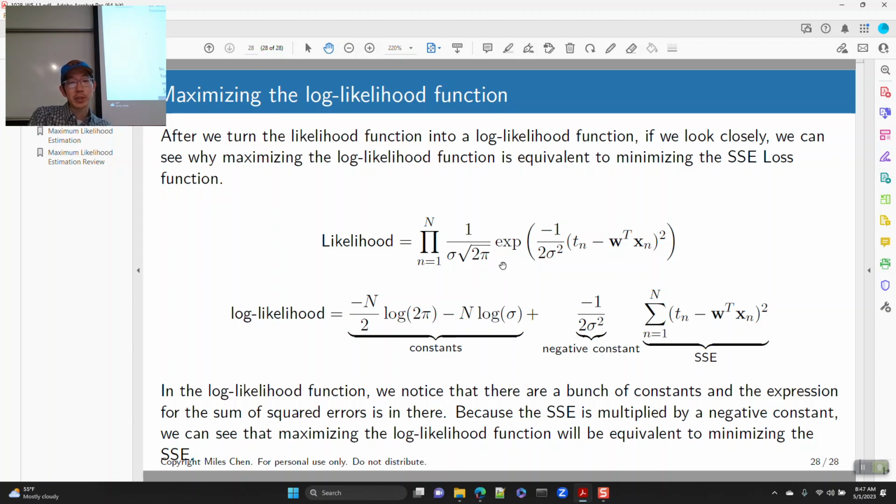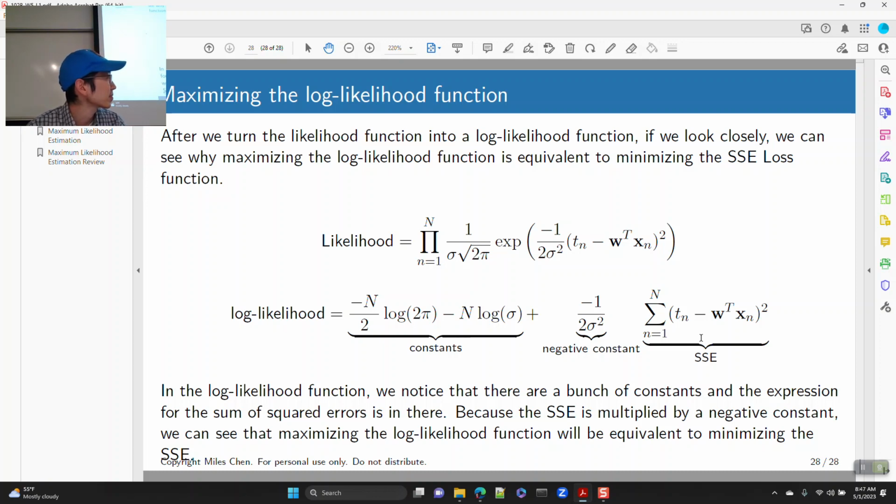We'll wrap it up here. We went through the process of maximizing the log likelihood of this model, where we're saying the values come from a normal distribution centered at W transpose xn with Gaussian error terms, and maximizing the likelihood is the same as minimizing the sum of squared errors.